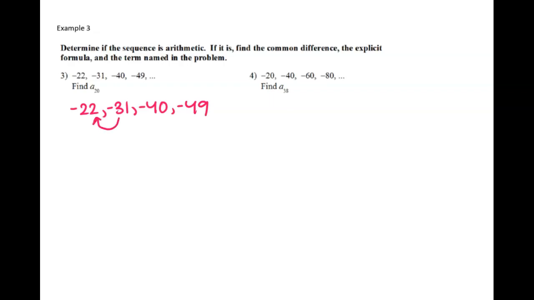Negative 31 minus negative 22 is negative 9. Negative 40 minus negative 31 is negative 9. Negative 49 minus negative 40 is negative 9. So it is arithmetic. And our constant difference d is negative 9. Our first term is negative 22.